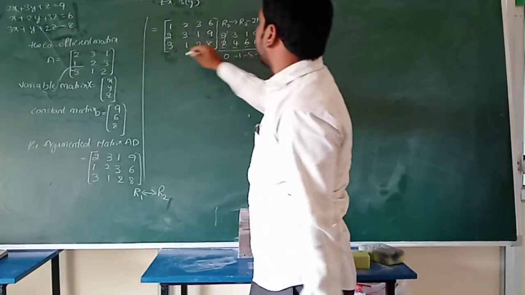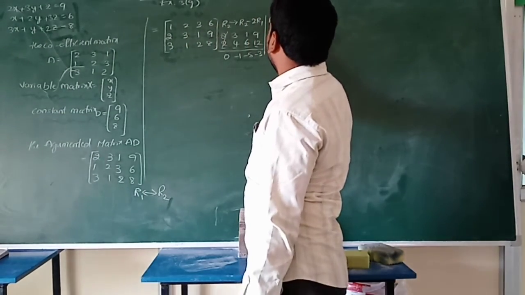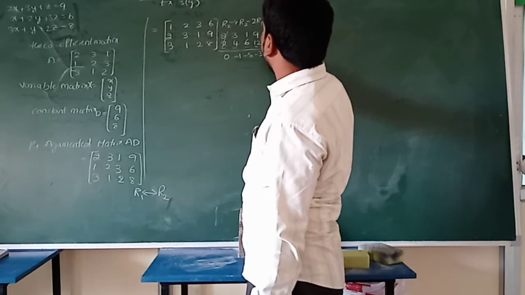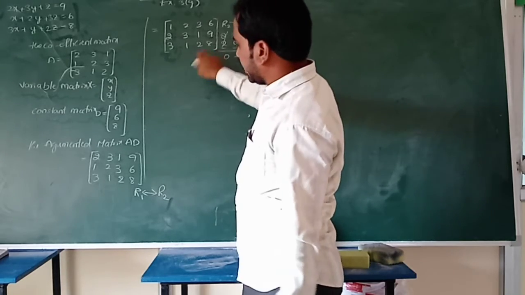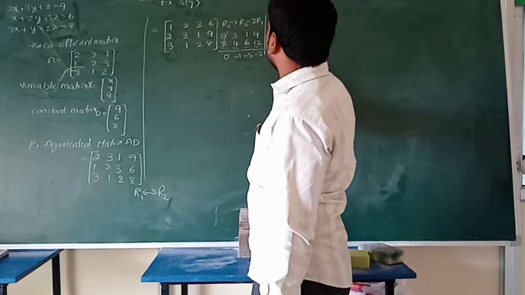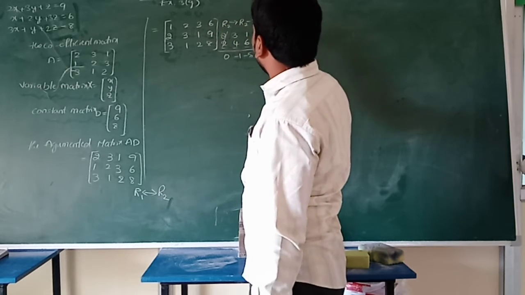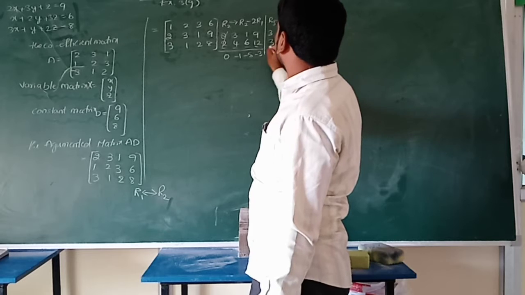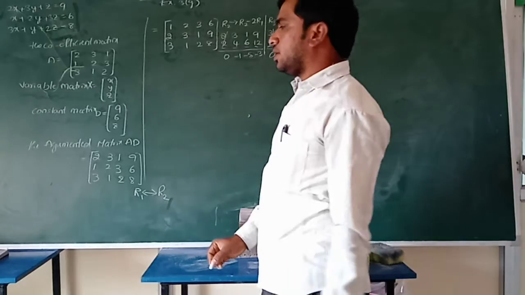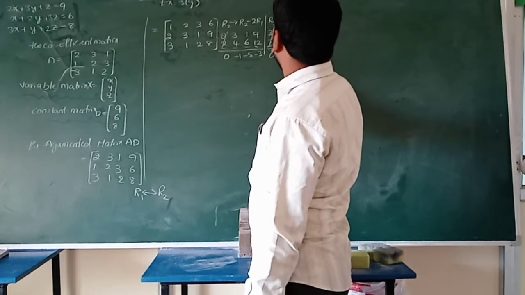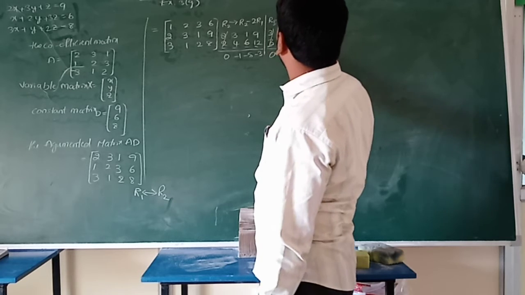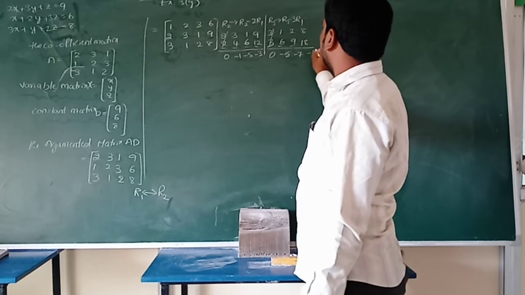Next R3: 3 1 2 8. 3 1s are 3, 3 2s are 6, 3 3s are 9, 3 6s are 18. The 3 gets cancelled, that is 0, this is also minus 5, now minus 7, and 18 minus 18 plus 8 gives minus 10.